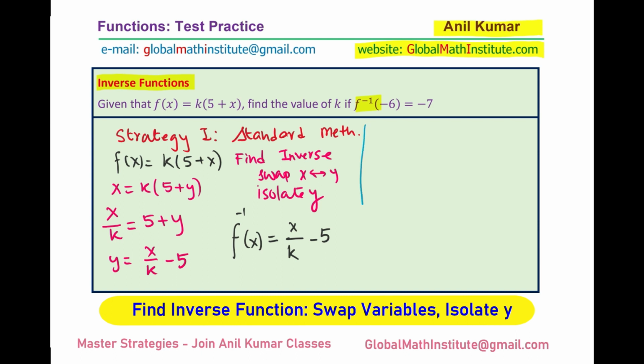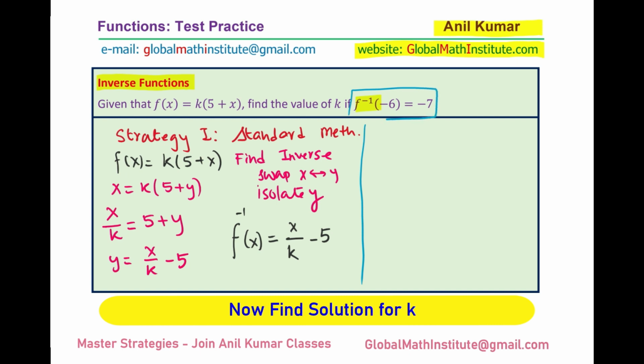Now we are given that f inverse of minus 6 is minus 7, so minus 7 is the output. So minus 7 is equal to minus 6 over k minus 5.